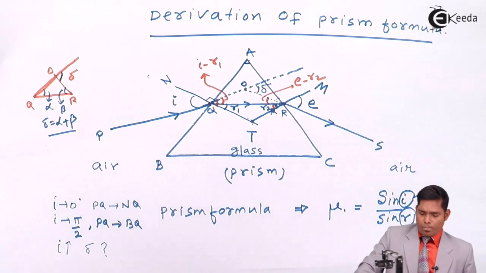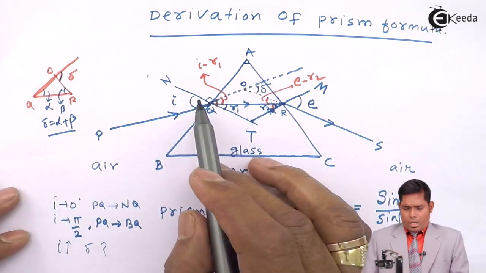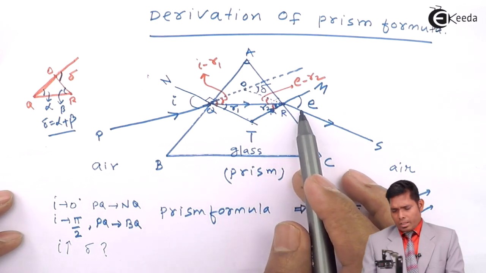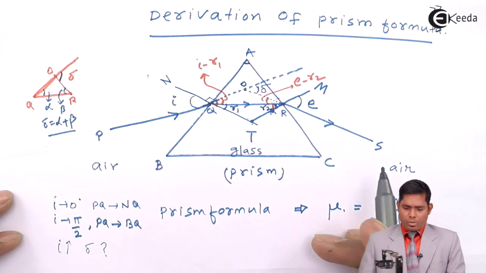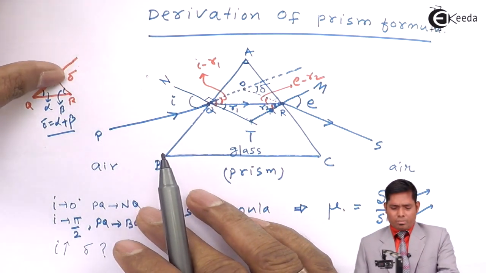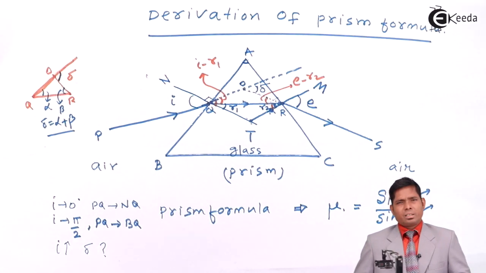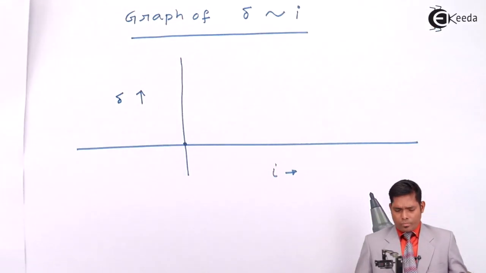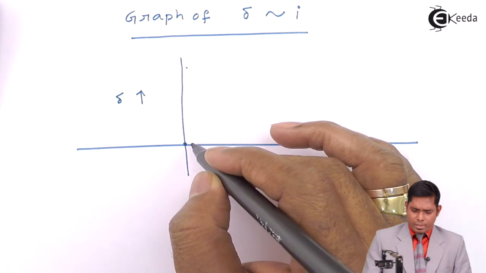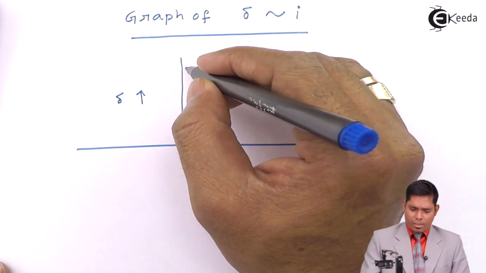So if this is the case, then I will say this line and this line and then extend it. That deviation will be more or less nearly equal to 0. So that means I'll start from somewhere here with certain angle of incidence, not 0. The graph will start from here.